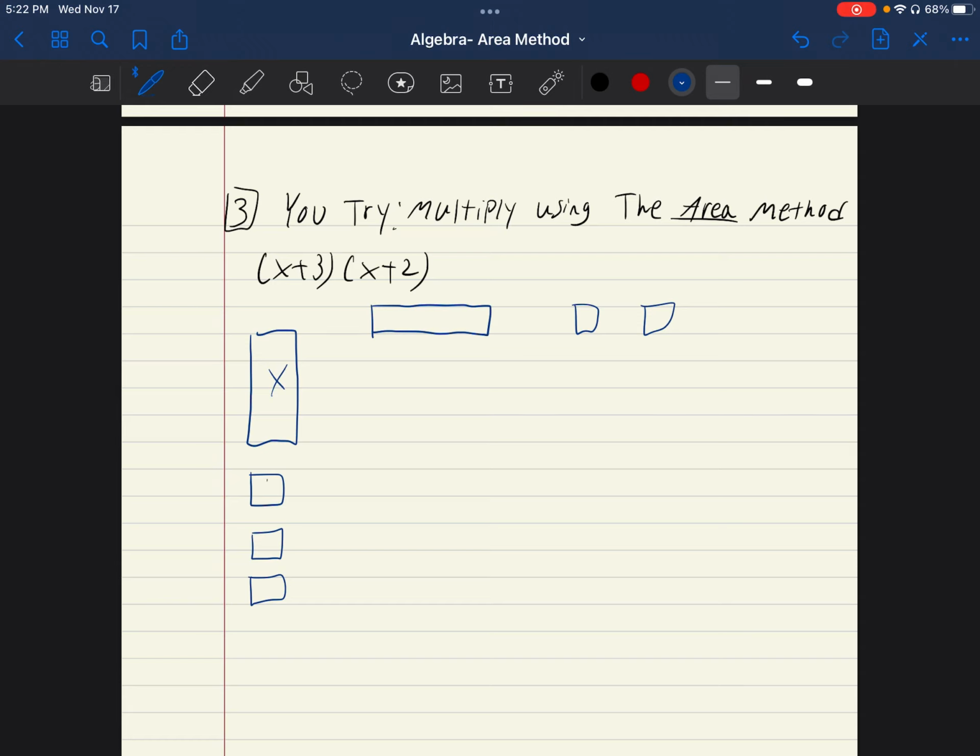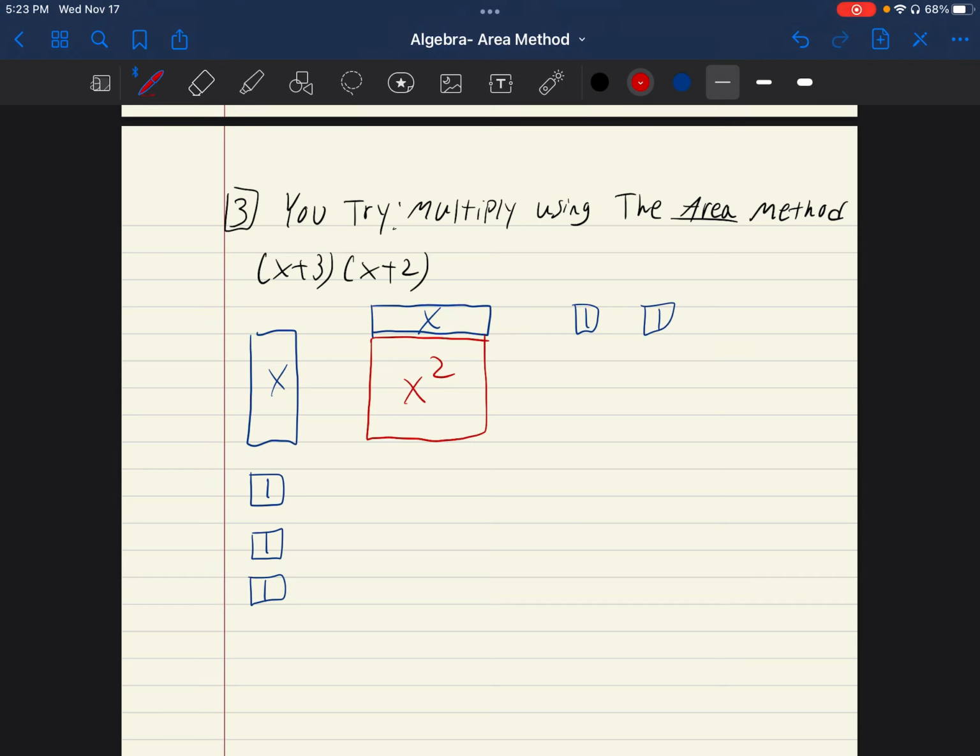So this will be x, this will be 1 and 1. This will be x, this will be 1 and 1. Now we want to multiply them across. So we have x and x, which gives us x squared, just like the other one.